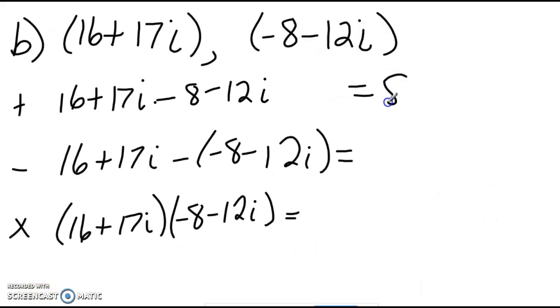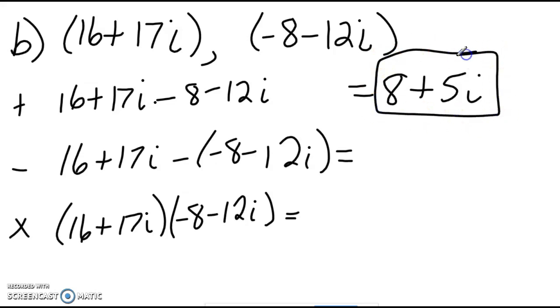Okay, 8 plus 5i. 16 minus 8 is 8. 17i minus 12i is 5i. Good. Subtracting. Gabe, what did you get? Negative 24 plus 29i. Okay, so when we subtract a negative 24, it's not negative.